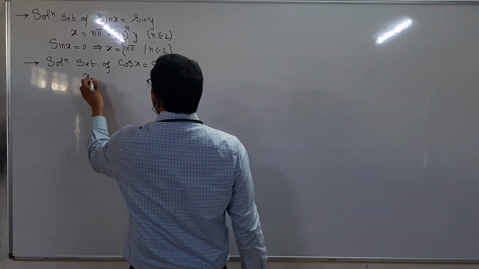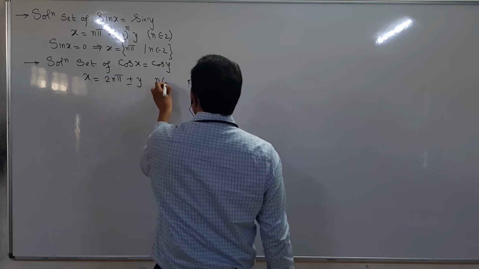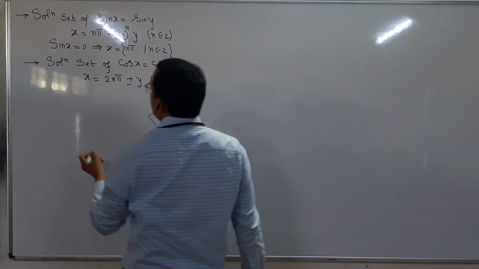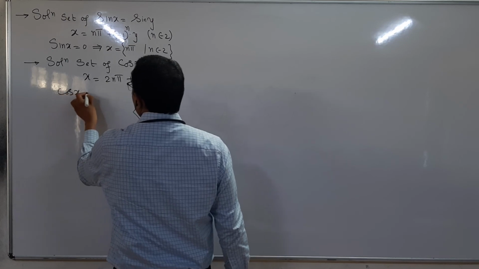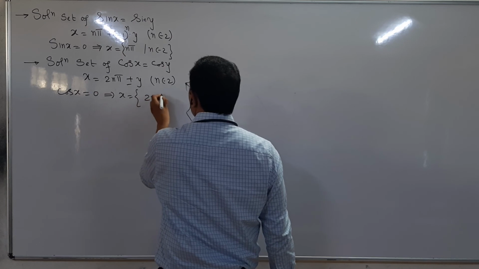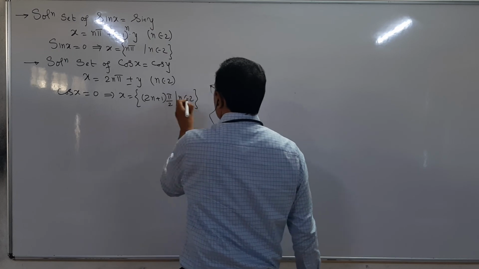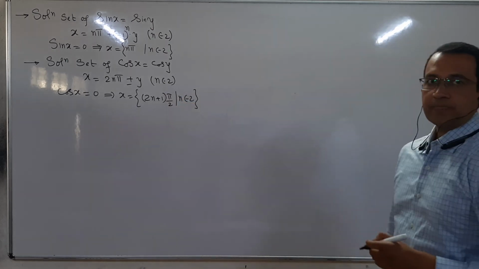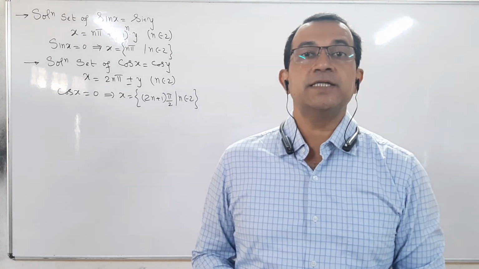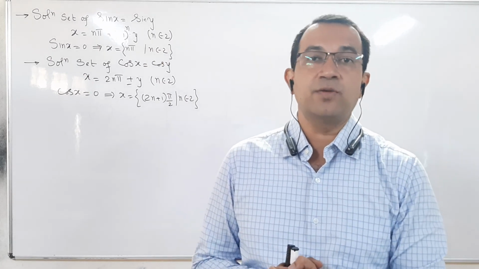Here the solution set is x is equal to 2n pi plus or minus y, where n belongs to the set of integers. And the set of zeros of cos function: cos x is equal to 0 implies x is equal to (2n plus 1) pi by 2, where n belongs to the set of integers. This has been taught to you even in the trigonometric table, which I have already informed before.